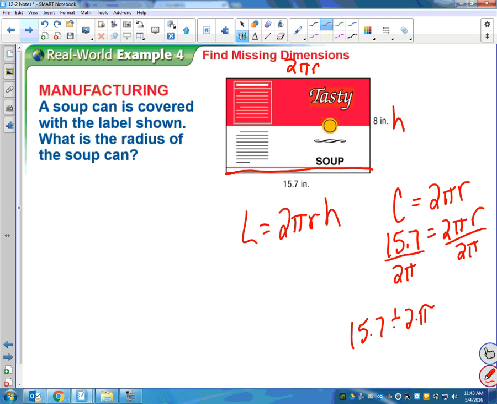So you have to let your calculator know that you want it to divide by both of those, and so you've got to become calculator proficient when you're doing these. All right, and so parentheses are really important. If you don't put parentheses, you get like 24 point something.